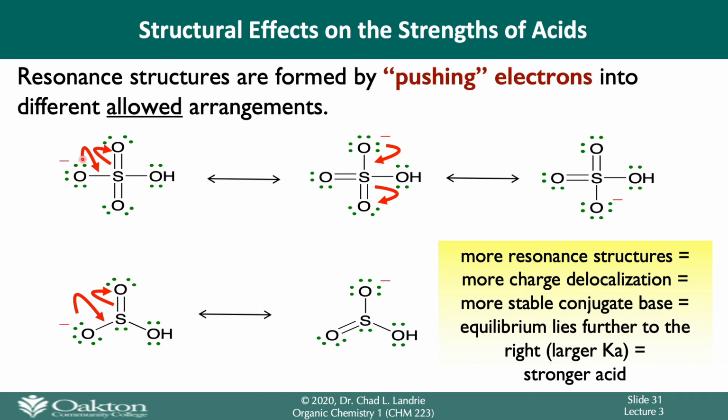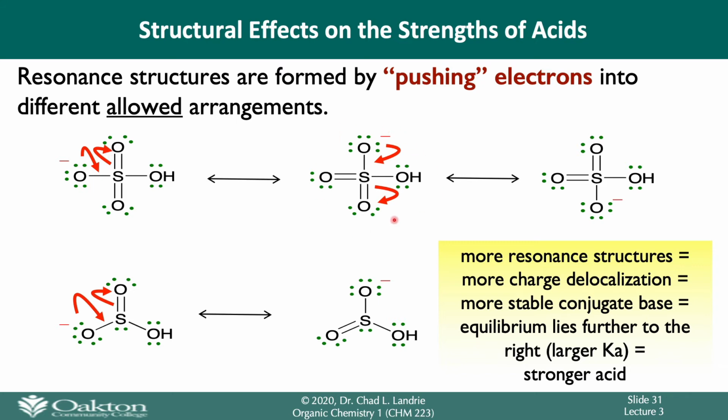I can use a lone pair on the oxygen that's negative to form a new double bond to the sulfur atom, but only if I move one of the pairs of electrons in an existing bond out of the way. So in this case, I moved the top bond to the top oxygen, right? Because sulfur can't have more than 6 bonds. And that gives me the resonance structure on the right.